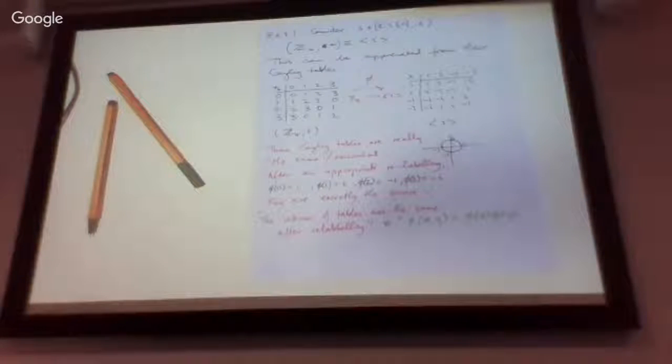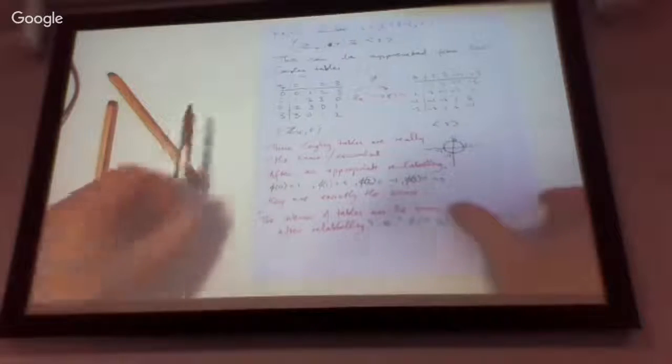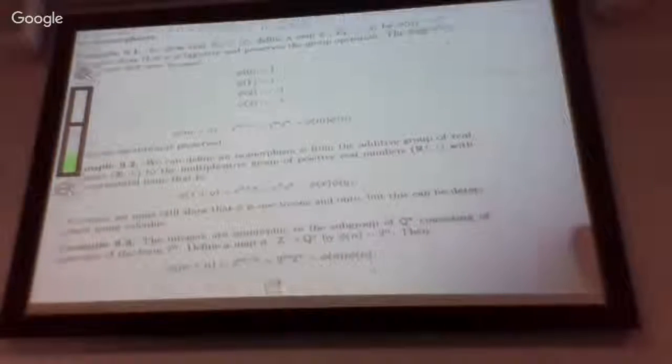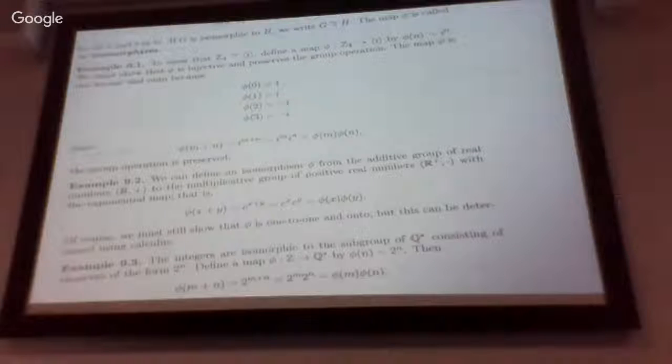So let's have a glance at a couple of his other examples. I won't necessarily talk through them myself, so let's just look at his textbook. Example 9.2 is an isomorphism from, and this is kind of interesting, the additive group of real numbers.